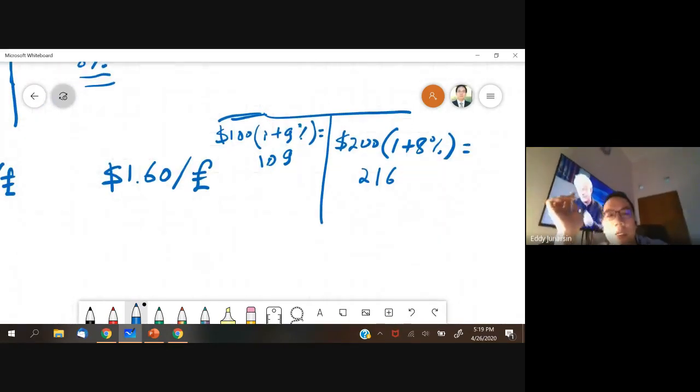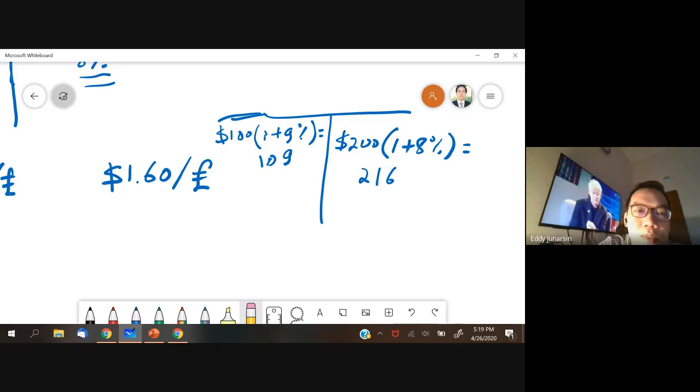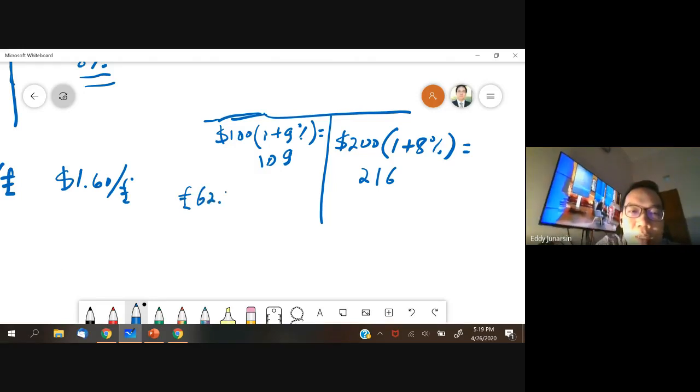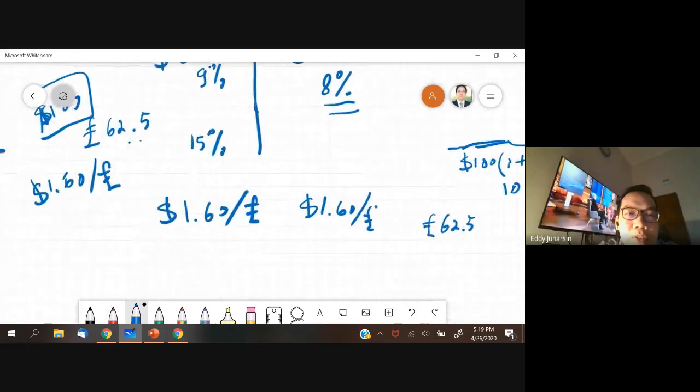What about your international investment? In this story, you have 62.5 million pounds, and it will give you a 15% return.